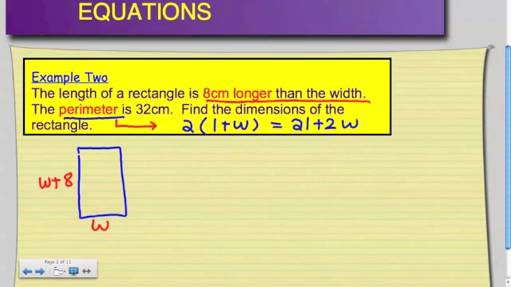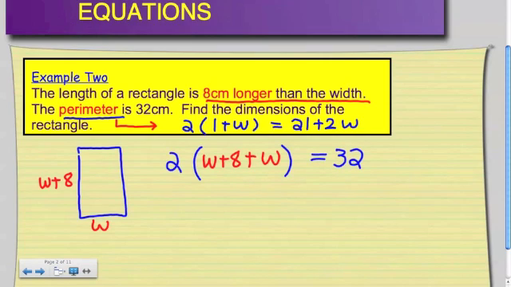So the good thing about this is that we've been able to express our length in terms of our width, so we have the same letter. So when we plug this information into the perimeter formula, my length is W plus 8, and my width is W. And I know that my perimeter is equal to 32.